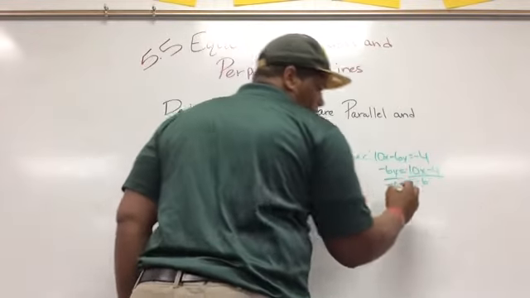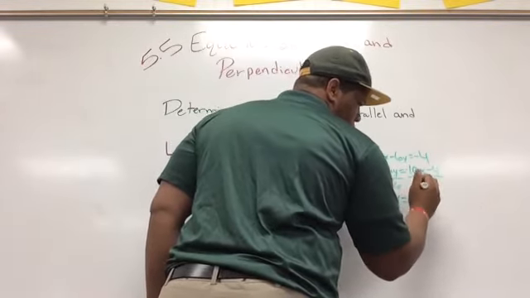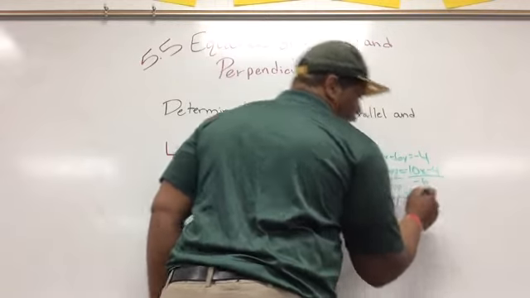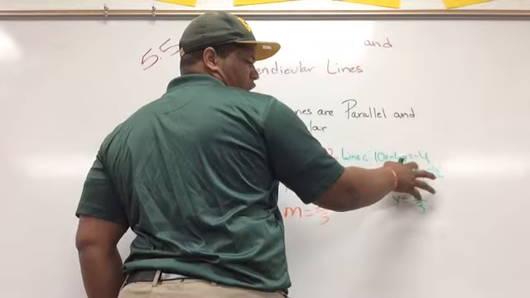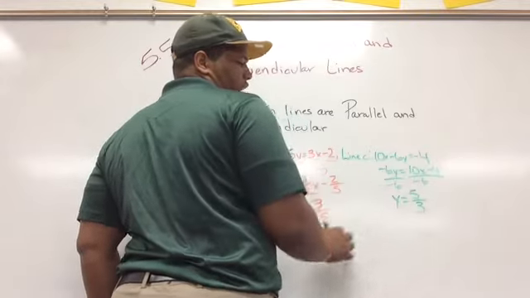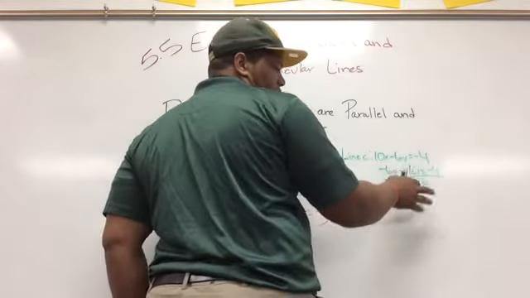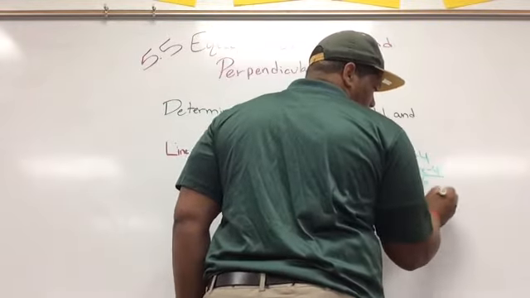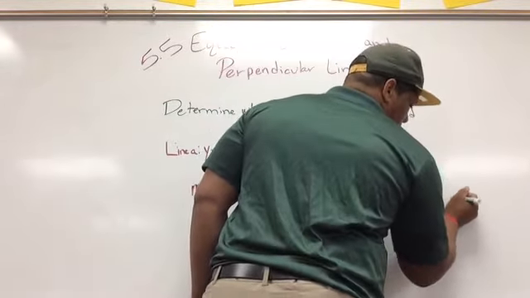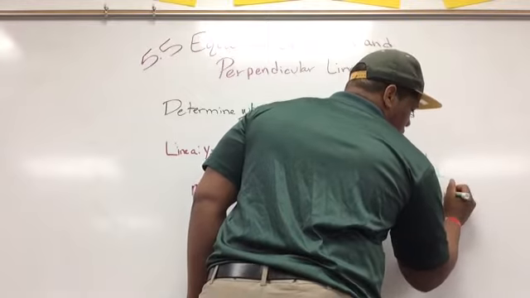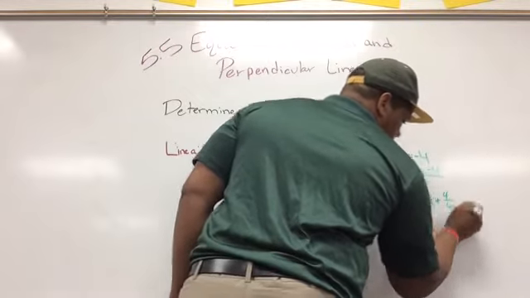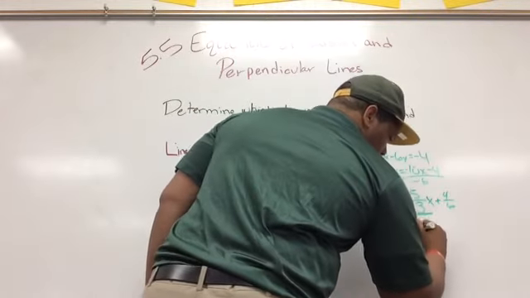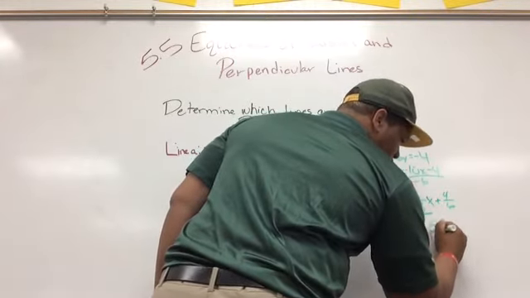And I'm left with y = 5/3 x + 4/6, because I had -10 over -6x and I reduced that down to 5/3. So here I find my slope, and I know that it's 5/3.